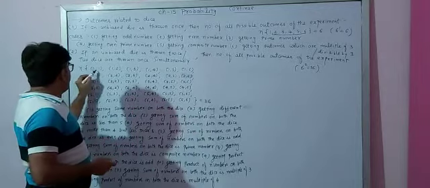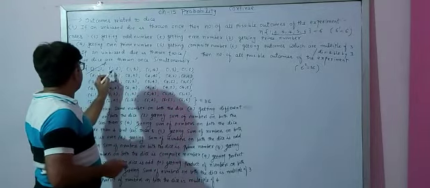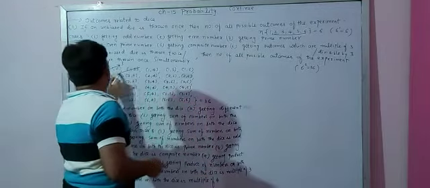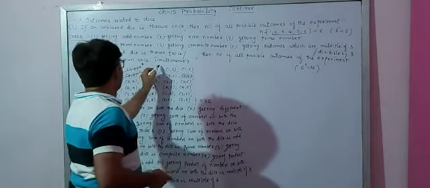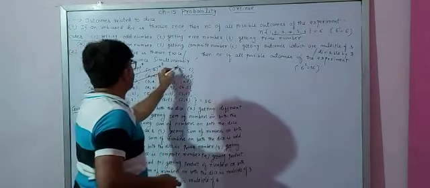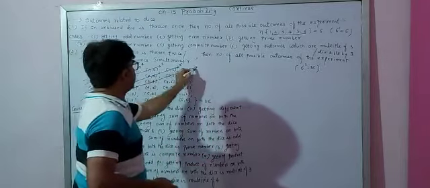Here the sum of the numbers on both dice is 2. Here the sum is 3. Here the sum is 4. The sum is 5. The sum is 6. The sum is 7.